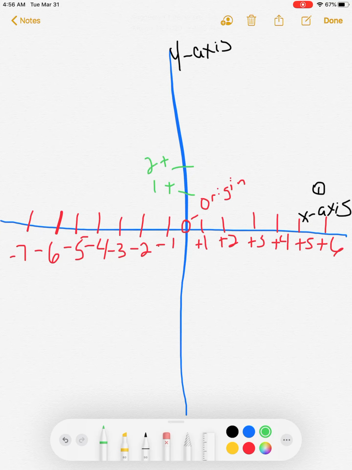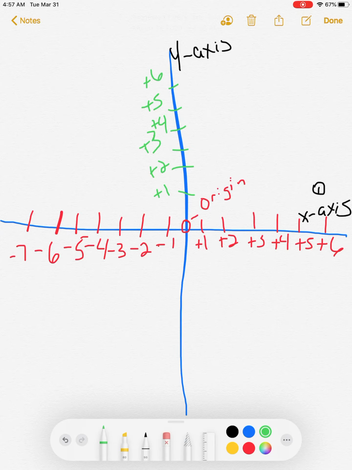I went on that side of the number line because I have that word origin there. So let me write my positives a different way here. Let's do positive 1, positive 2, positive 3, positive 4, positive 5, positive 6.